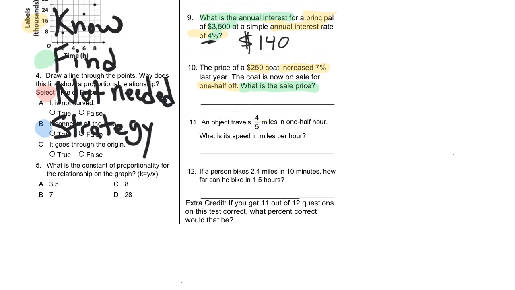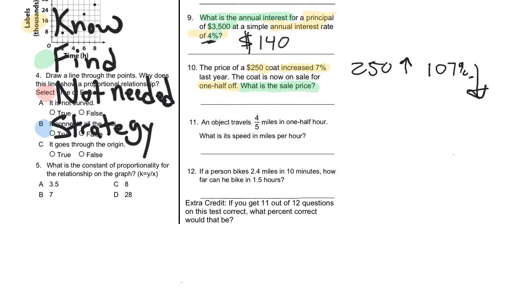If I think about it, I'm just going to visually show this. I've got $250, and then it goes up 7%. So that's 107% of that. So it goes up to 107%, and then it's half of that, so it's going to drop.